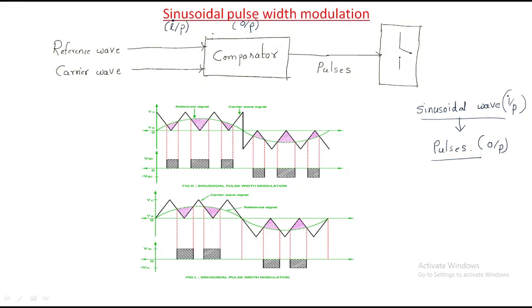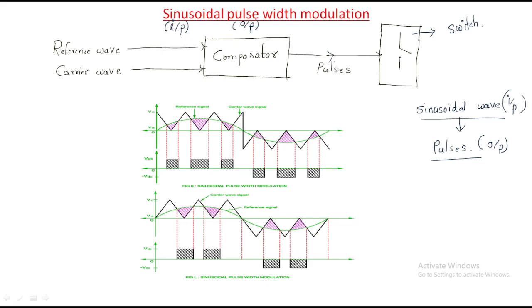In order to do sinusoidal pulse width modulation, we require a comparator circuit. A comparator circuit compares the inputs, and after comparing it generates the pulses. By those pulses, the switch will be operated. This symbol is the switch.